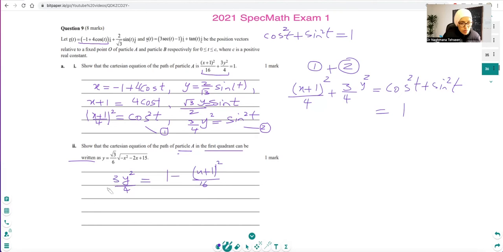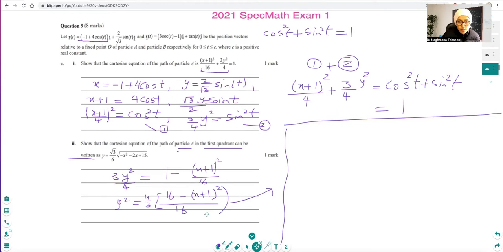Then we can write it as y squared is equal to 4 over 3, and then 16 minus x plus 1 squared over 16. I'll make a bit more room.